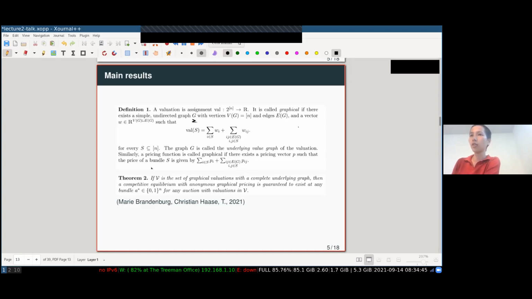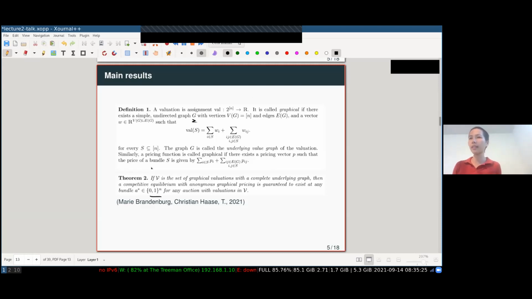They could put minus infinity for bundles that they don't want, except that their underlying graph, the set of items that they want, must form a complete subgraph of n. As long as that's the case, then competitive equilibrium with graphical pricing is guaranteed to exist at any bundle in the cube, for any auction such that each agent's graphical valuation is supported on a complete subgraph. I hope that's clear.